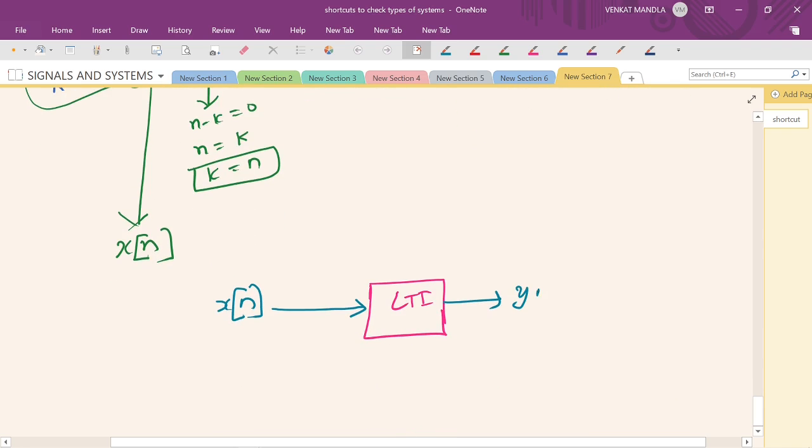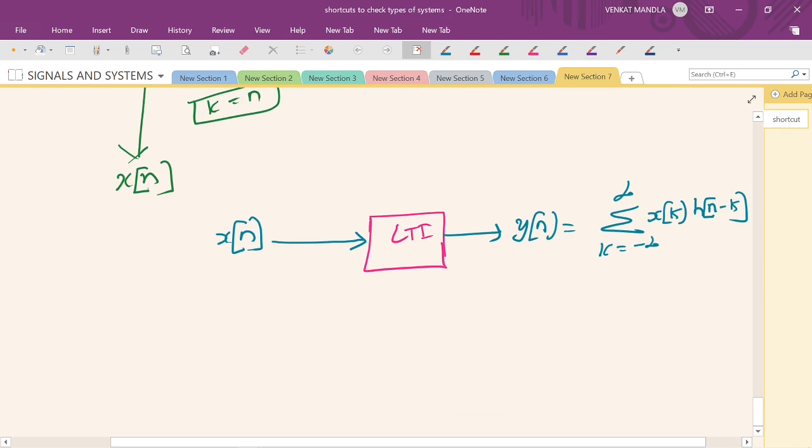Let us say that is y of n, sigma k equal to minus infinity to plus infinity x of k h of n minus k. So this output is for any arbitrary signal x of n, right? What is unknown here? x of k is already known, x of k and x of n are the same, just replace n by k, that's it. So it is known, but the unknown part is h of n minus k.